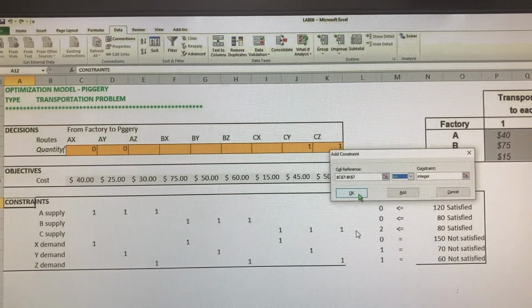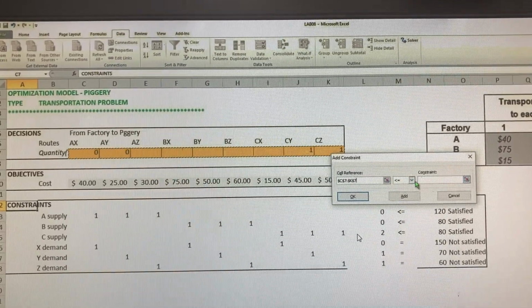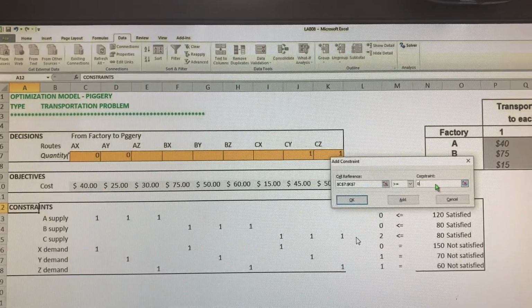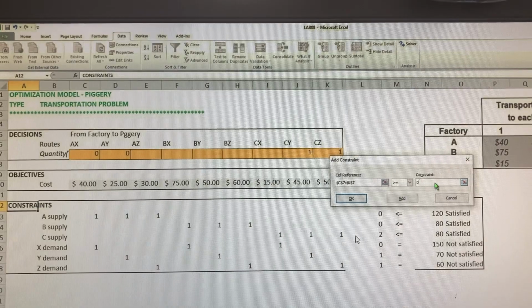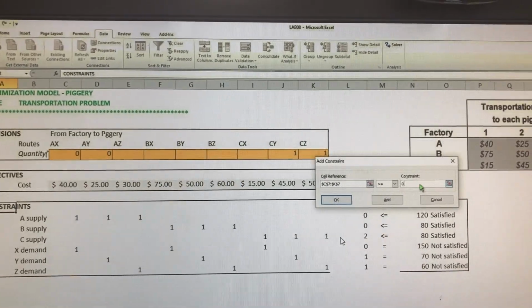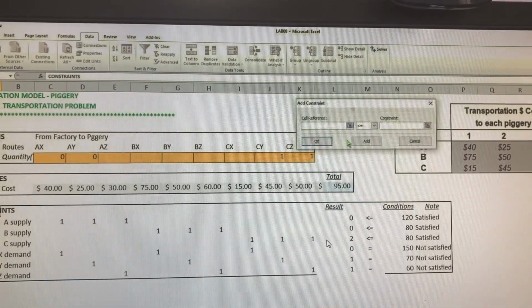Now, be careful. I want the number to be at least 0, because I am going to minimize something, so it should make sense that the number should not be a negative number. Next one, easy now.